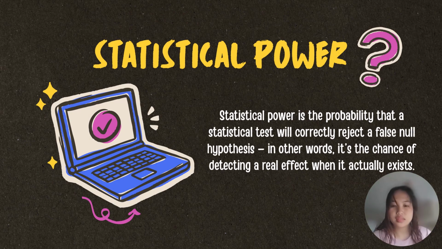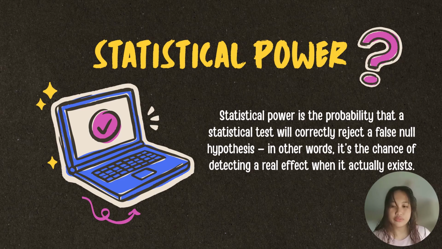Next is the statistical power. So, what is the statistical power? Statistical power is the probability that a statistical test will correctly reject a false null hypothesis. In other words, it is the chance of detecting a real effect when it actually exists. Statistical power measures the likelihood of avoiding a type 2 error, or the false negative.